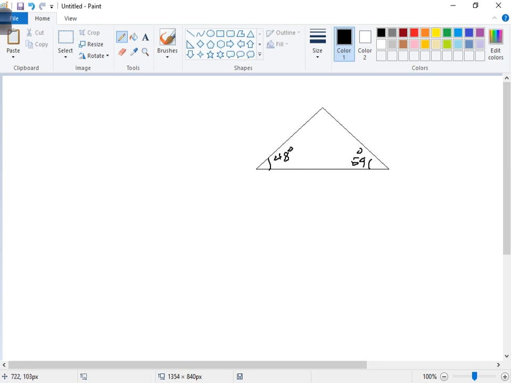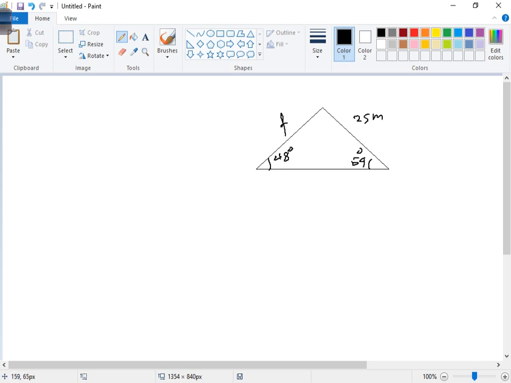The drawing is not accurate, but we are trying to make it as good as possible. This side is 25 meters, and this one is F. They ask us to find F. That means they want a side, so we have to use A over sine A, B over sine B, and C over sine C.